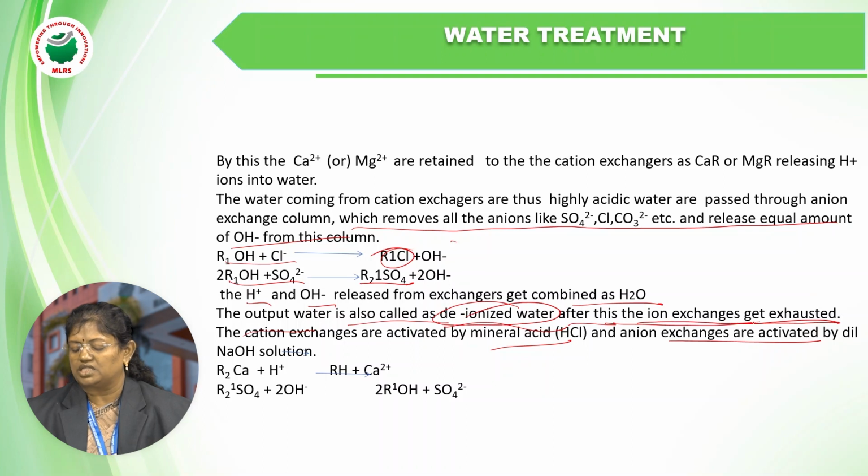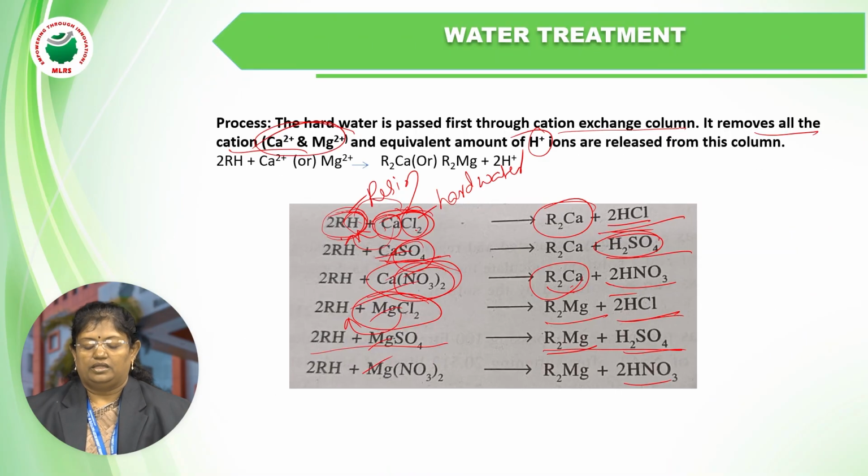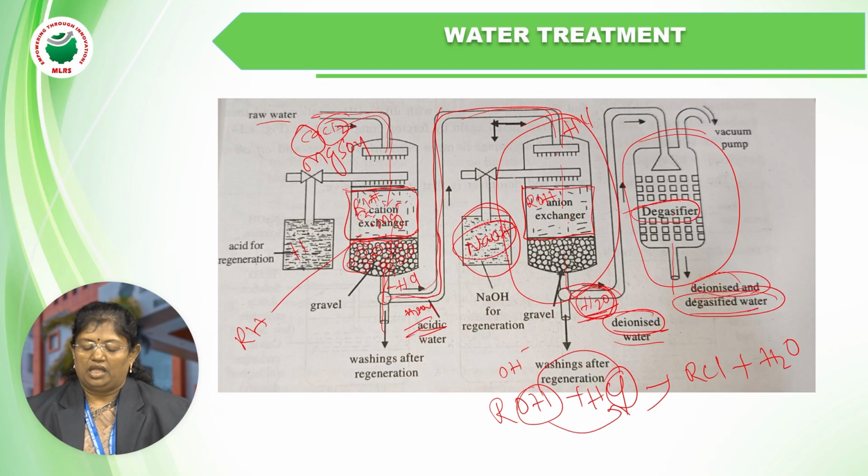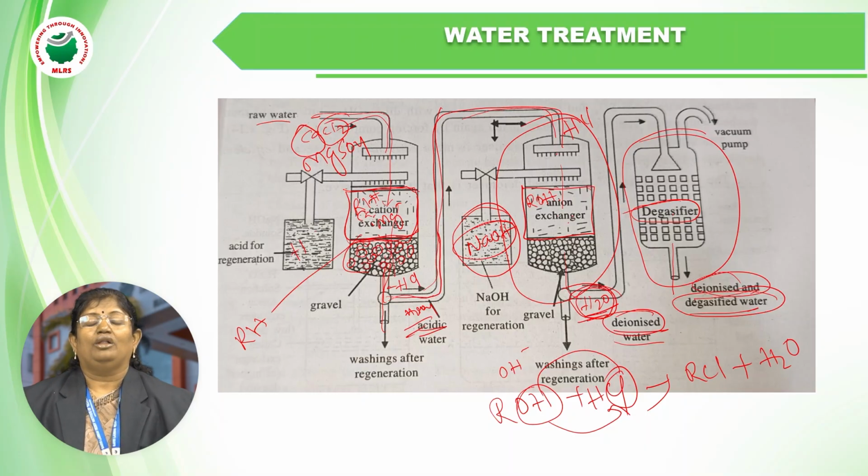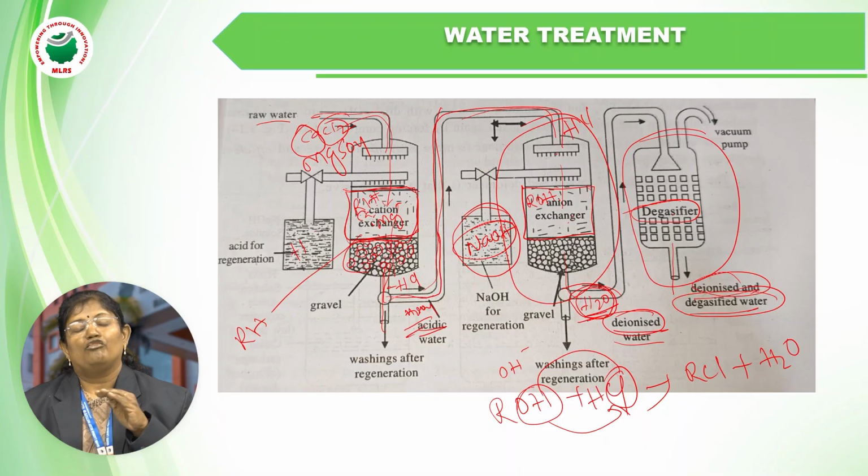After this, the ion exchanger gets exhausted. What is the meaning of exhausted? This is an organic, porous polymeric resin. In the case of the cation exchange resin, the calcium ions present in the water will block the pores of the resin.